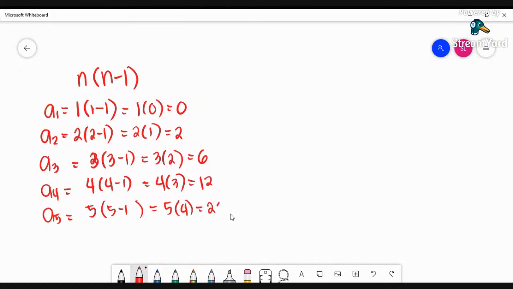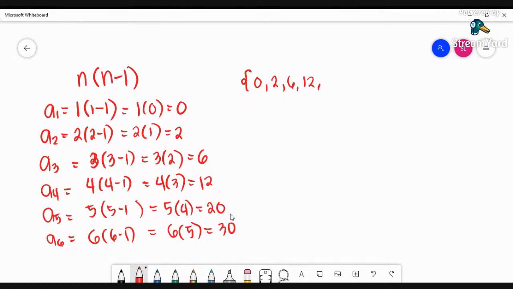That is 20. And for a sub 6, that is 6 times 6 minus 1, which is 6 times 5, which is 30. Okay, so these are the 6 terms of the sequence. If you are going to list that, you can have 0, 2, 6, 12, 20, and 30.